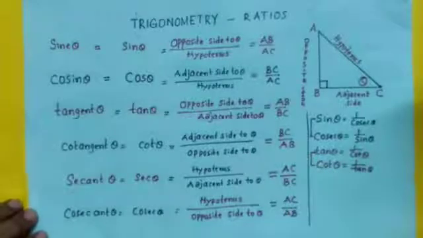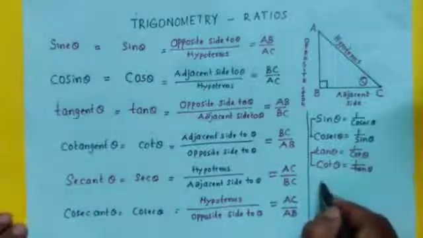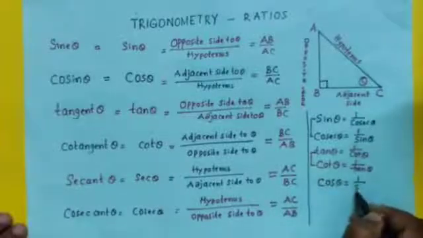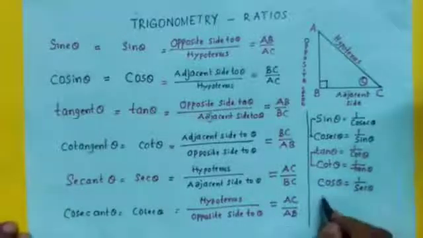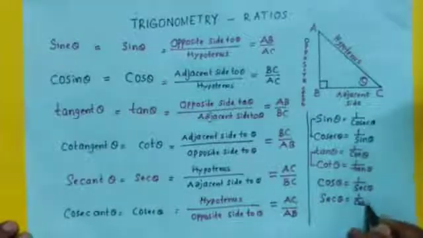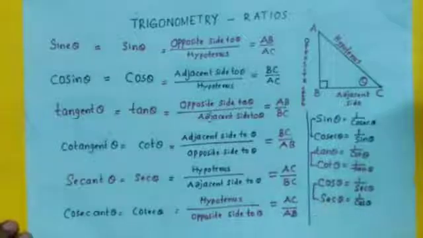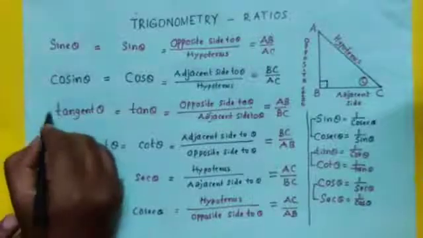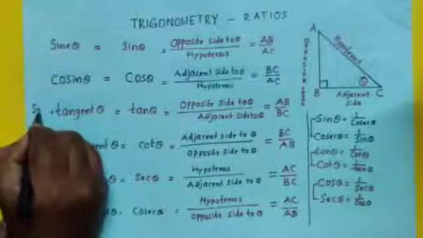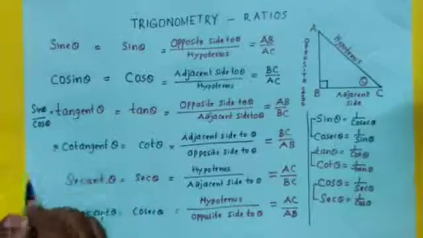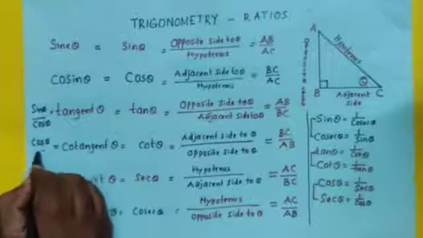You have to remember these two. And next, cos theta is equal to 1 by sec theta, and sec theta is equal to 1 by cos theta. These two are reciprocals. Is it clear? And one more: tan theta means sin theta by cos theta, or cot theta is equal to cos theta by sin theta.